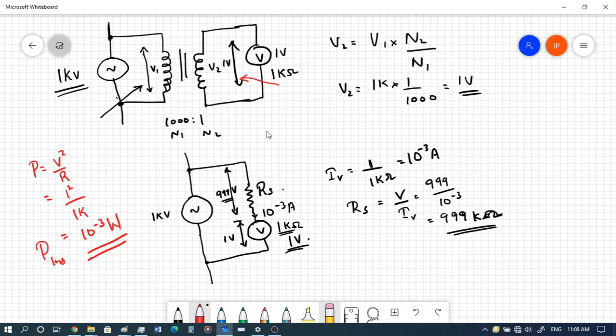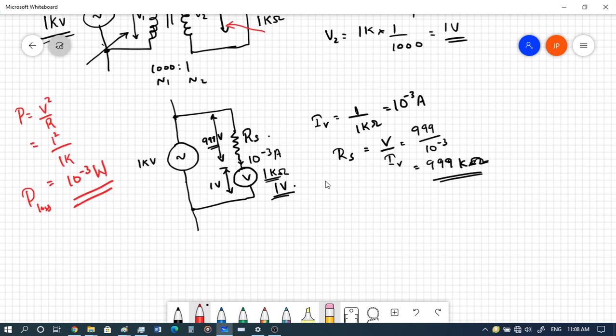Now at the same time, if you look at the power consumption in this series resistance setup, the power can be written as P is equal to V square by R. So V is 1000 volt, squared, by R, which is 999K plus 1K, which is 1000K, that is 10 raised to 6 by 10 raised to 6, which is 1 watt.